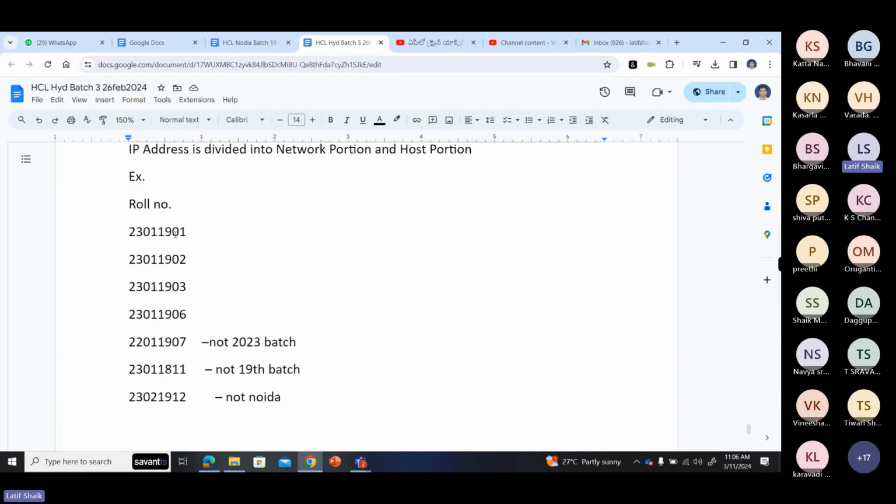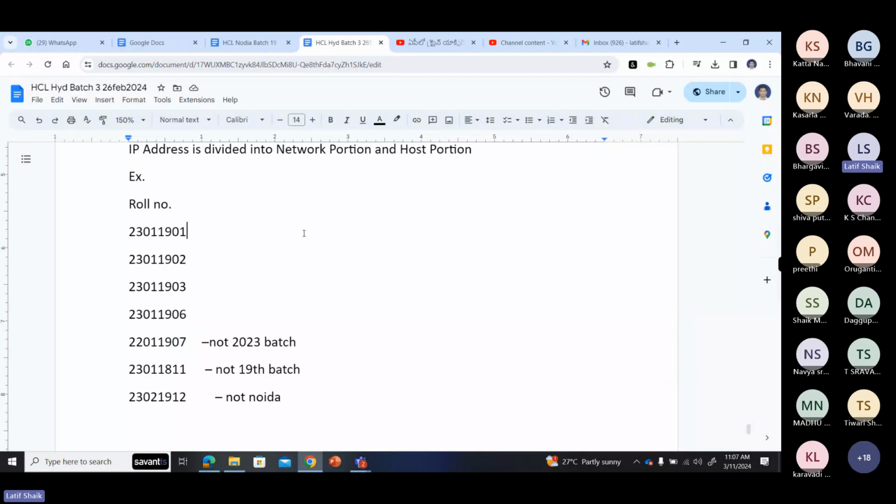You can see this is your roll number, for example. Roll numbers are not the same within the same batch, right? They can be the same in some other class. For example, your batch 3, your roll number is 0, 1, 2, 3, batch 3, roll number 1, 2, 3.